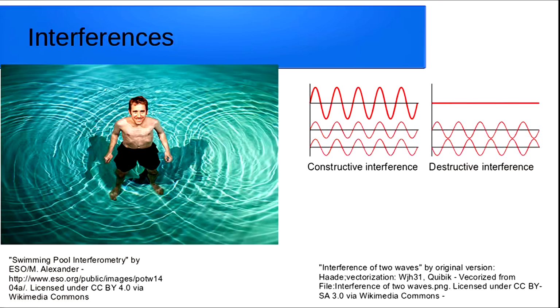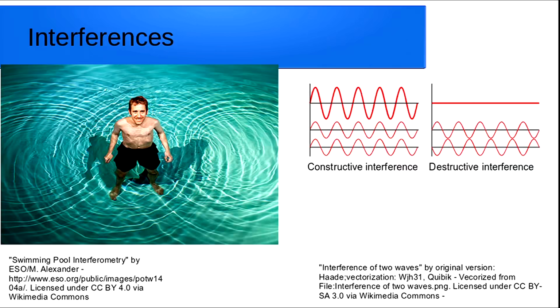Here you can see swimming pool interference done by, I think, a French astronaut, who is putting two arms in the water, and the waves coming from two sides are interfering with each other. So we get some peaks of the water, and sometimes it goes down.